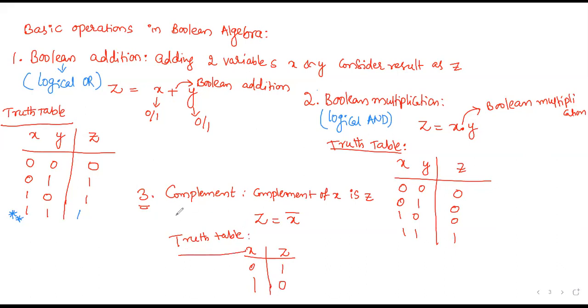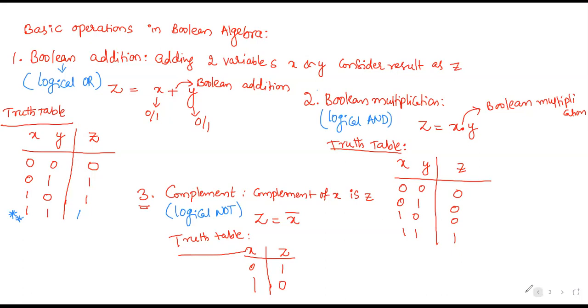Another name for complement is logical NOT. These are the three basic operations in Boolean algebra: multiplication, addition, and complement.